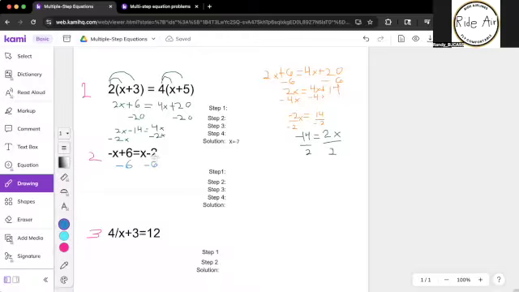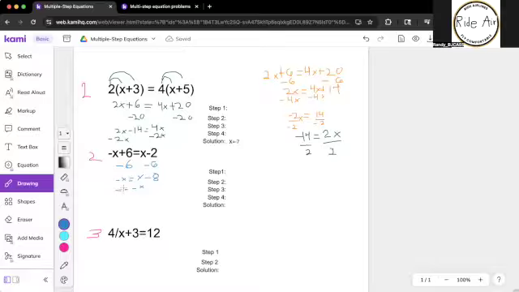Negative 2 minus 6, which is negative 8. Now I have my x here equal to my negative x. Now I'm going to subtract x on both sides.